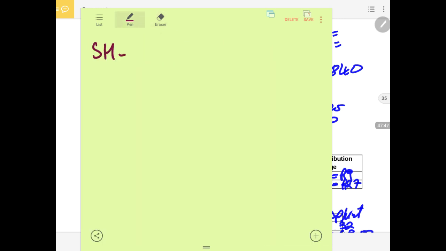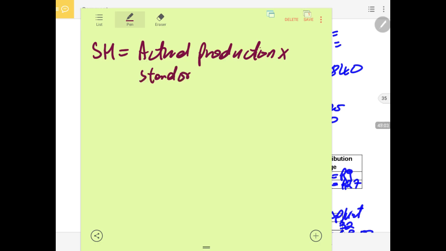Standard hours is equal to actual production multiplied by standard hours per unit.